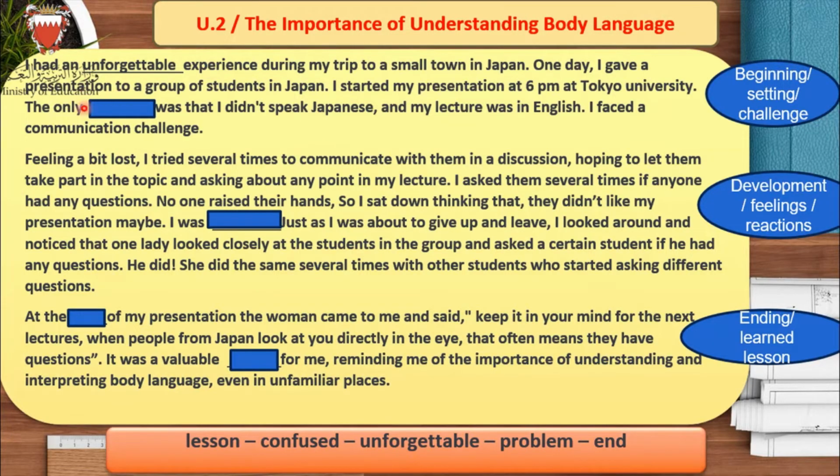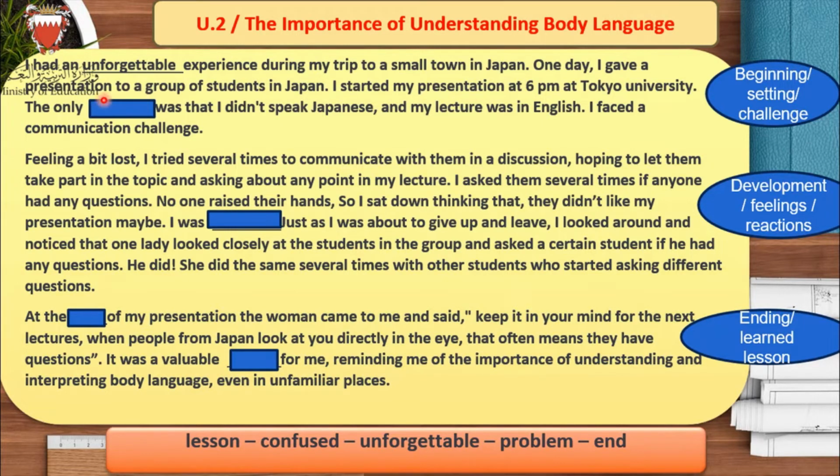Well done, good job. This is a very nice hook I can start my story with to attract or draw the attention of the readers. I had an unforgettable experience during my trip to a small town in Japan. Then I go forward to my story.